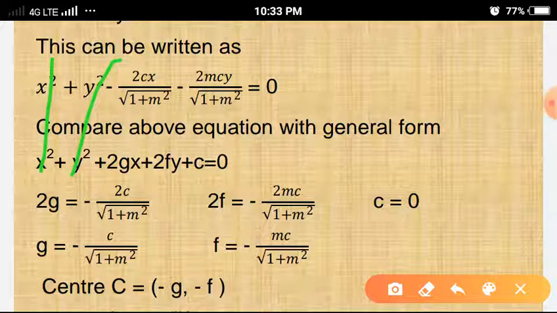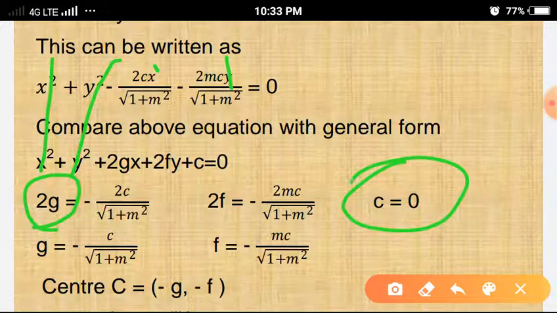By comparing x coefficient, 2g is equal to minus 2c divided by square root of 1 plus m square. Next, y coefficient: 2f is equal to minus 2mc divided by square root of 1 plus m square. Here there is no constant, so c is equal to 0.